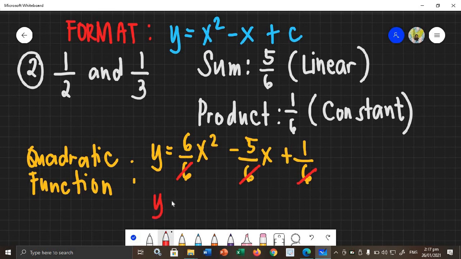So, therefore, kapag sinulat natin yung quadratic function na tong given number 2 natin, it will be 6x squared minus 5x plus 1. So that will be the quadratic function derived using the zeros. Okay, so that's it, no? That is how you get the zeros of quadratic function, and that is how you derive a function using the zeros of quadratic function.